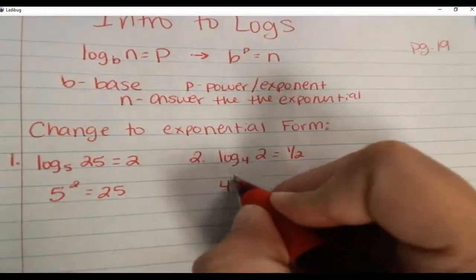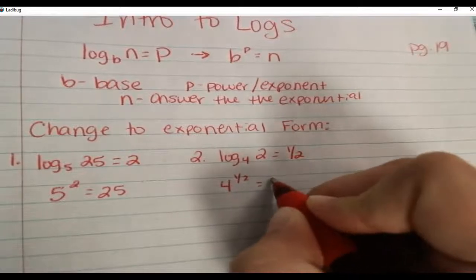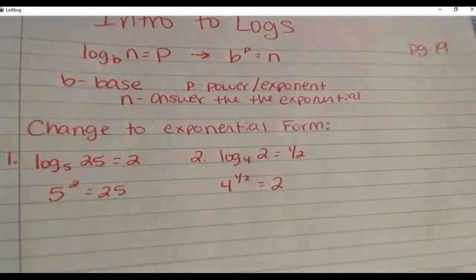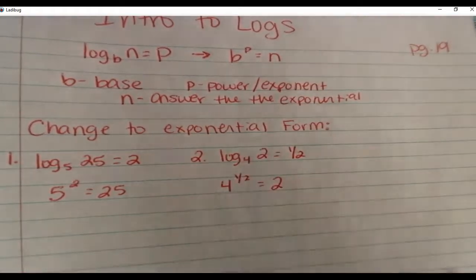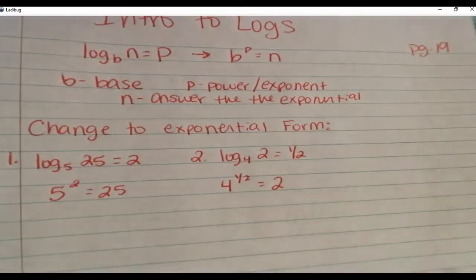Good. 4 to the 1/2 equals 2. And so we know that's true because 1/2, remember, is the same thing as a square root, and square root of 4 is 2. Questions?